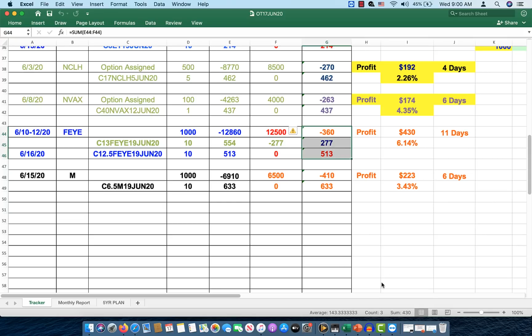And today, you look down here, it shows you a sum of 430 at the bottom of the page. That's where the 430 comes from. And that's a 6.14% return in 11 days in this position. Remember, we had to jump in here. We started off with 500 shares, and we had to jump in with another 500 shares when the share dropped down to $12, $12.20. So we had to go into rescue mode. And then the market popped back up.